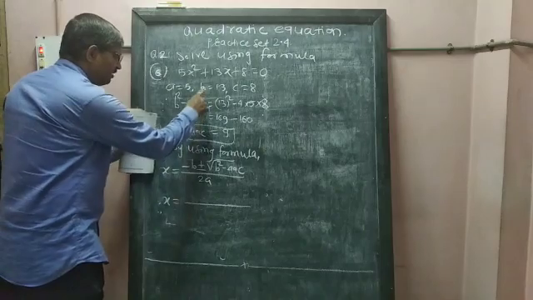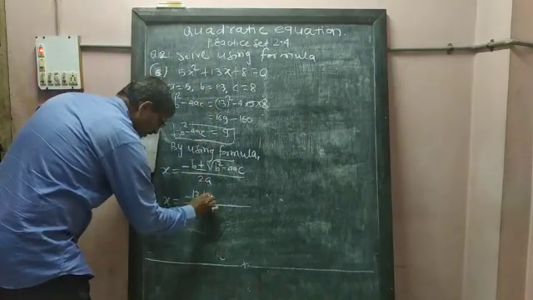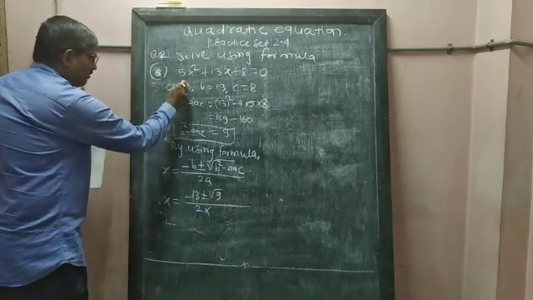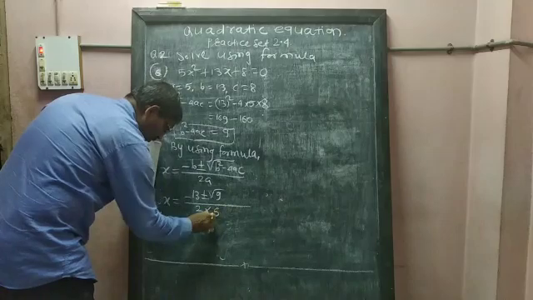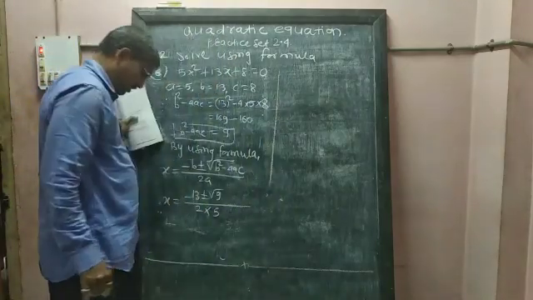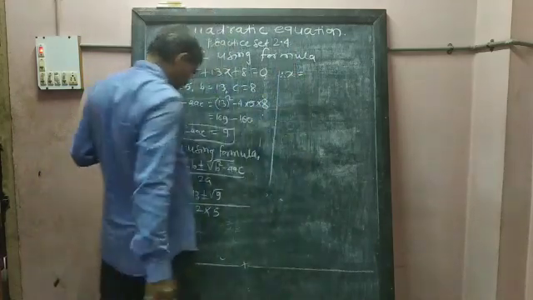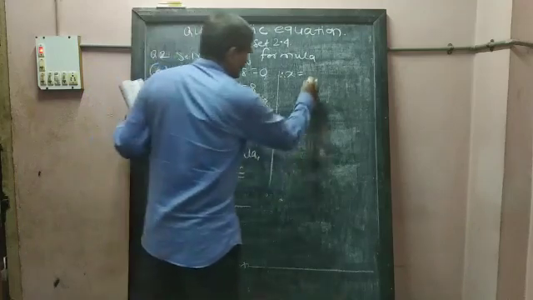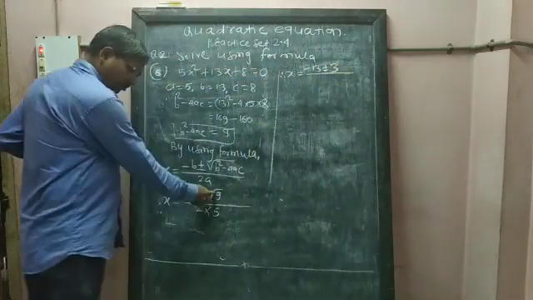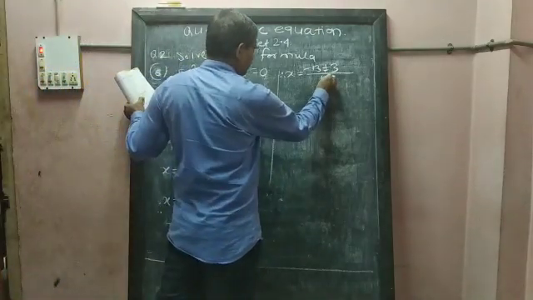Minus b, b's value is 13, so minus 13 plus minus root 9 upon 2 into a means 5 given. So take here 5. Check now. Here x is equal to, don't forget to keep the therefore sign. X is equal to minus 13 plus minus 3, because the square root of 9 is 3, and 2 5s are 10.